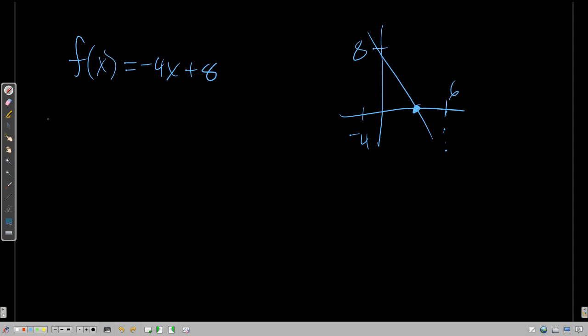Well, it's wherever 4x equals 8, so that's when x is 2. So I should integrate from -4 to 2. When I integrate from -4 to 2, all that's going to be positive. That's going to give me a positive value.